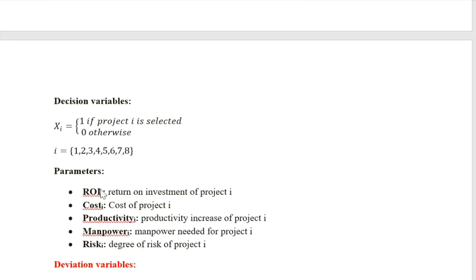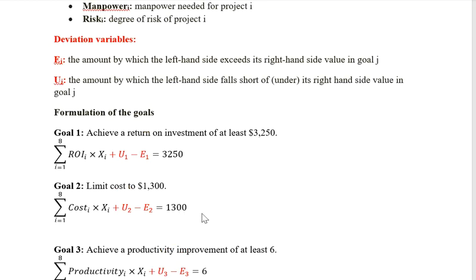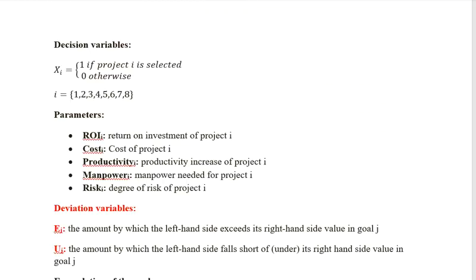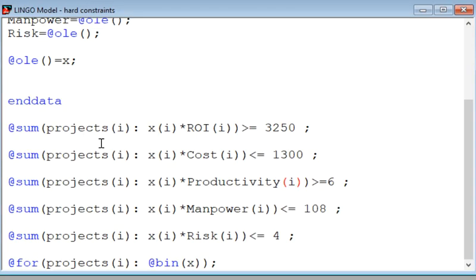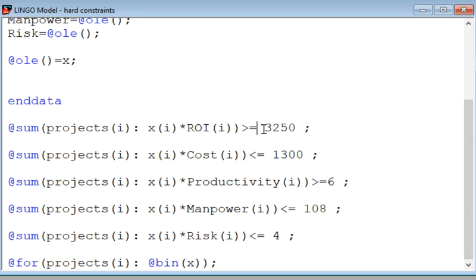Okay, we define our parameters, and here are the goals formulated as hard constraints. So the ROE constraint is going to be formulated like this. You can see the signs here.